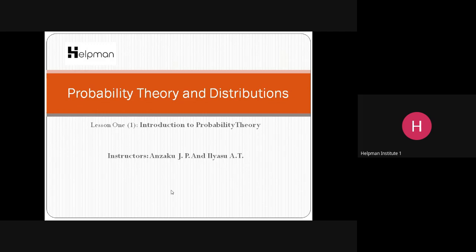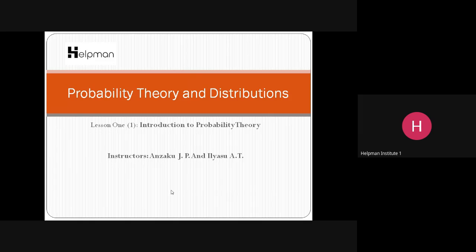Probability theory and distributions. So, in this class, we'll be taking an introduction and also a deep look at the aspect of probability theory and distributions and how they are important, their relevance, and how we can use them in various ways.